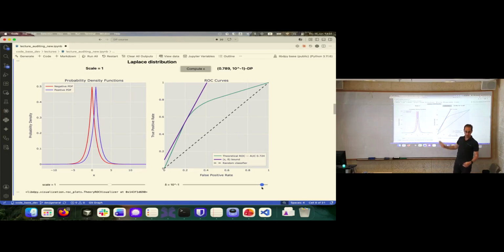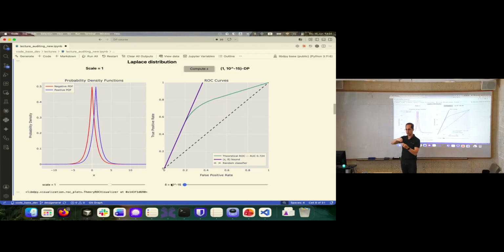Because I have this slope. Right? But if I take delta to be 0, then I still have the pure DP. Right? Nothing is supposed to surprise you. This is just, in a way, completing the story of the definition.